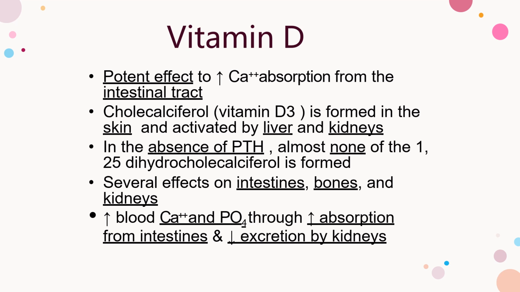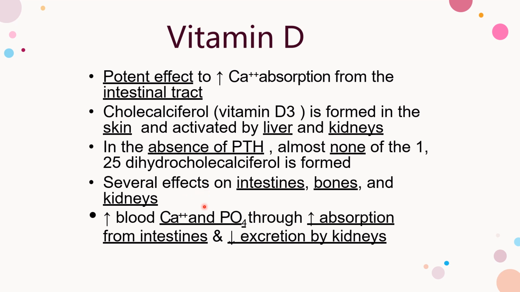Cholecalciferol, vitamin D3, is formed in the skin and activated by liver and kidneys. In the absence of parathyroid hormone, almost none of the 1,25-dihydroxycholecalciferol is formed. I have told you in the PTH slides that PTH helps in the activation of 1,25-dihydroxycholecalciferol.